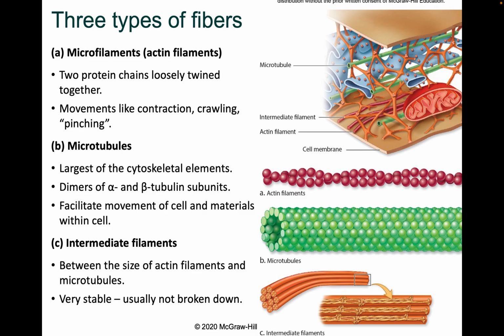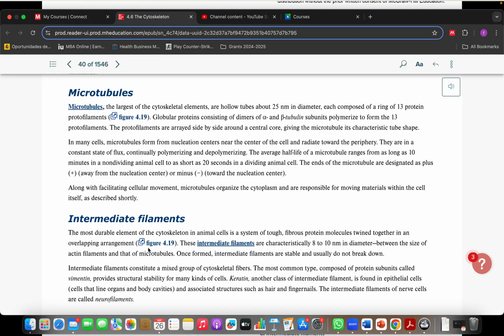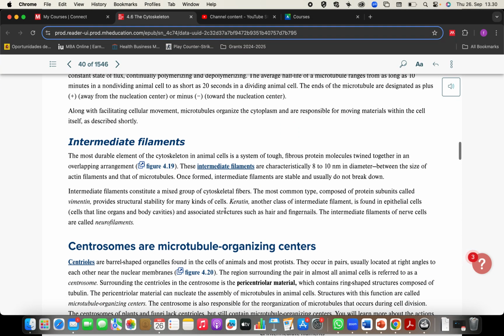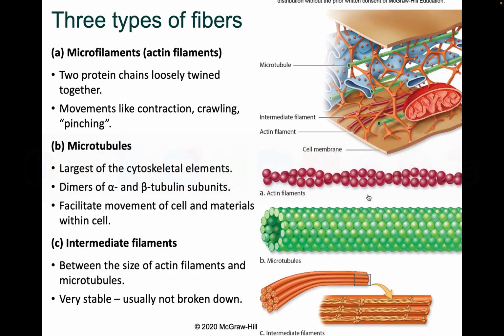These are fibrous proteins like keratin or vimentin, and other types of proteins that we have in our cells that give structure. These are usually not broken down, because we don't want them to break down. All we want is for them to stay there and give structure to the cell.